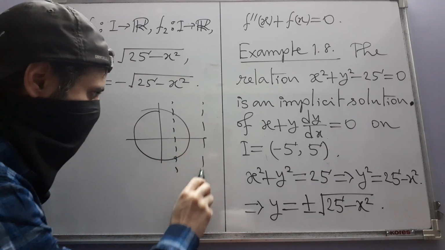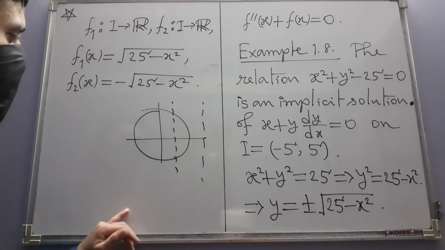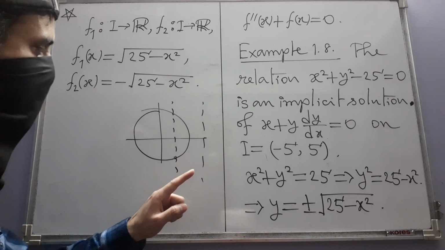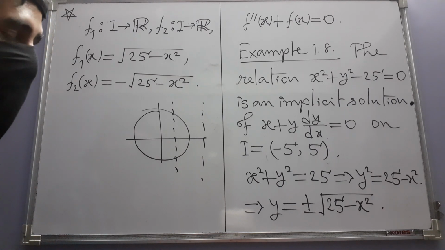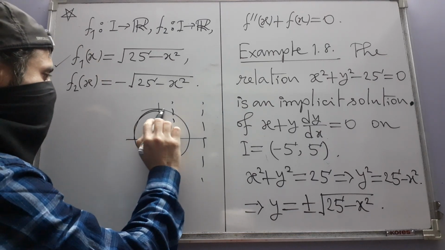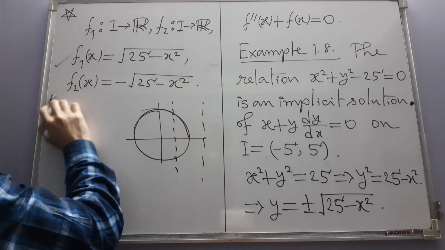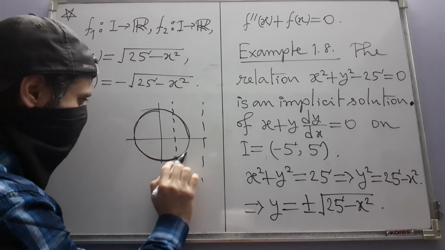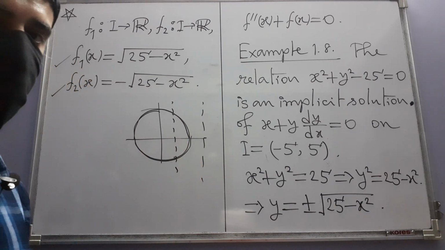Some of course do not intersect it at all. So instead of defining one function, it defines these two functions. This function has the upper portion as its graph, and this f2 has the lower portion of the graph.